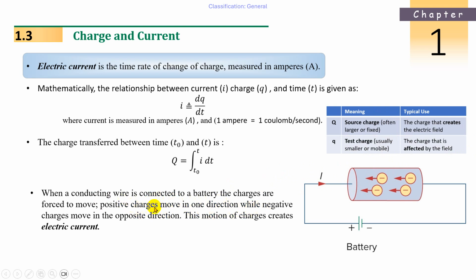The positive charges move in one direction, while the negative charges move in the opposite direction. This is what happens when you connect a battery with an electric wire. In the wire, the electrons will move because of the electric field of the battery.